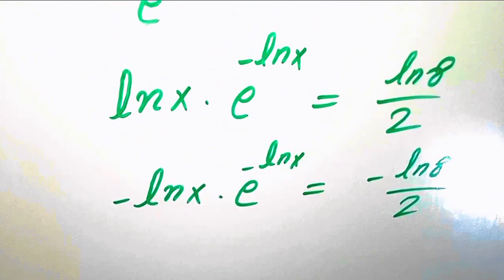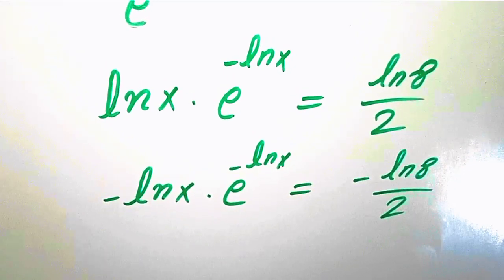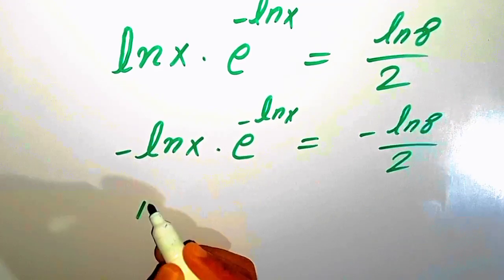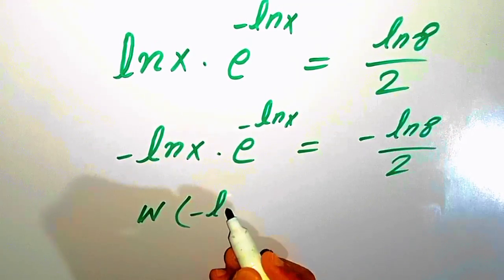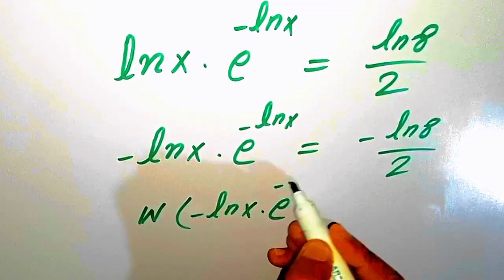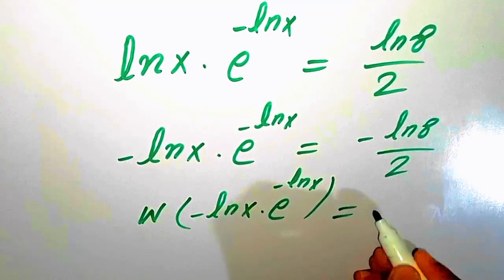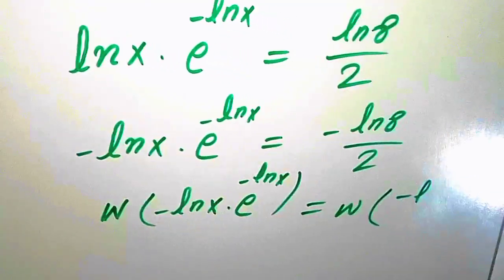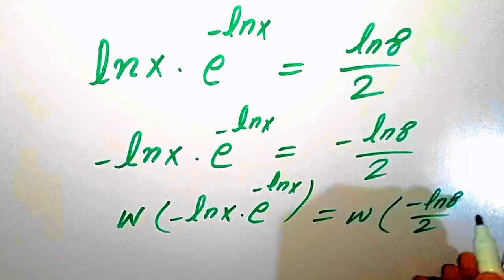In the next step we apply the Lambert function, W, on both sides. So W of minus ln x times e^(-ln x) on the left side, and on the right side also W of minus ln of 8 divided by 2.